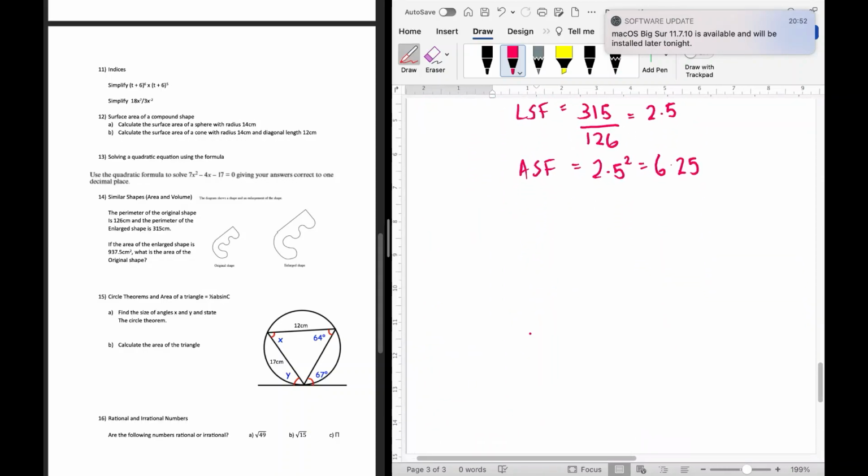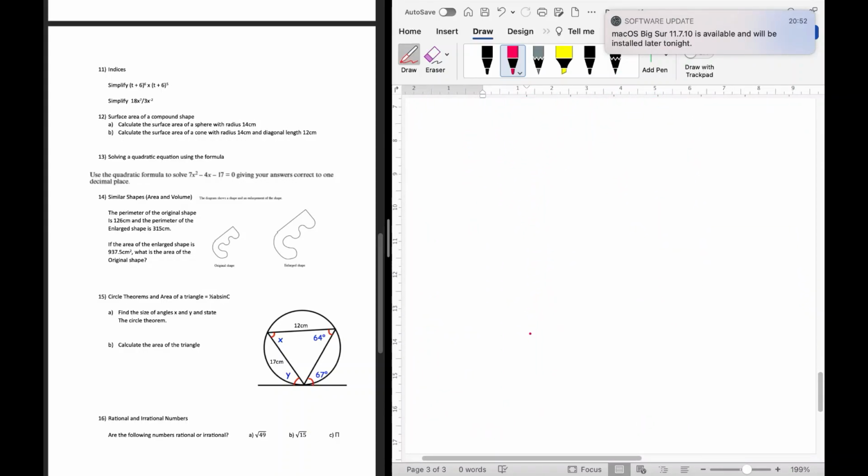Okay, question 15, we're getting there. Something new. Probably the only brand new thing in here. This is a new circle theorem. It's a really weird circle theorem as well. And the circle theorem is this.